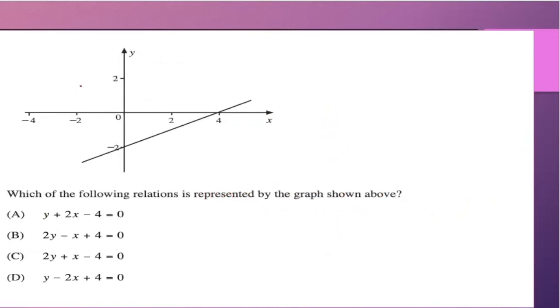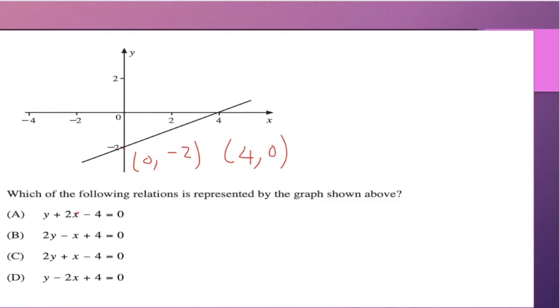So here we're given a graph, and it says which of the following relations is represented by the graph shown above. Now what we can do is look at this to see which one of the options works for the graph. At this point, x is 0 and y is -2. And then at this point, x is 4 and y is 0. So let's check x equals 0 and y equals -2. Which one will be giving me y to be -2?